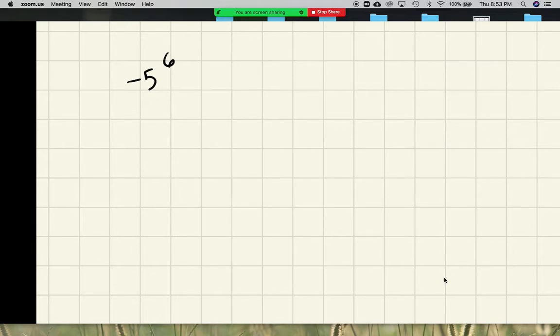This is different than -5 to the 6th, and it's just if you've seen it before, that's the only way you would know. So here's the difference.